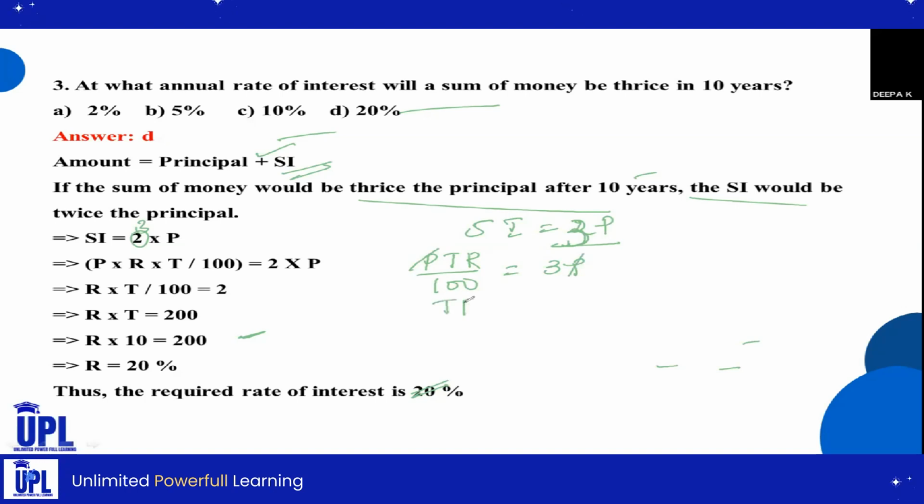Remaining TR is equal to 100, send it to the right, then it becomes T into R equals 300. And they also gave 10 years. 10 years is nothing but the time duration, that is T. So if we take T as 10, again R is equal to 300 divided by T, that is 300 divided by how much? 10 years. So 10 threes are 30.